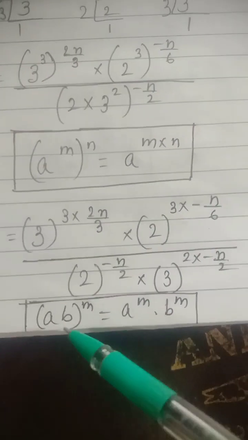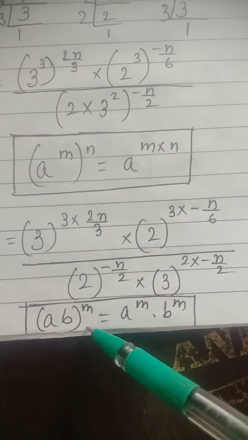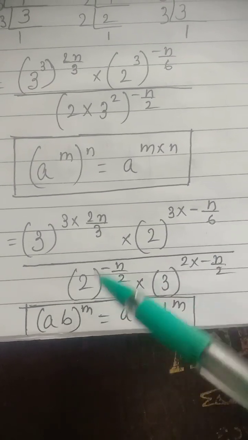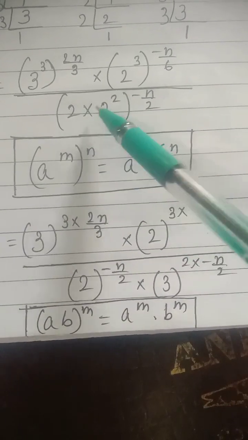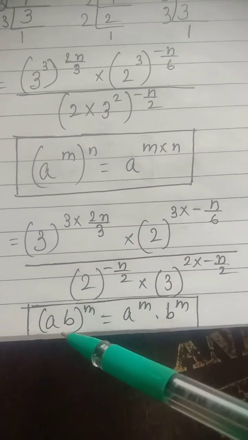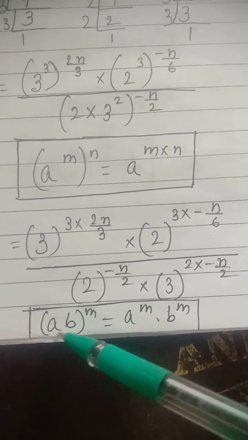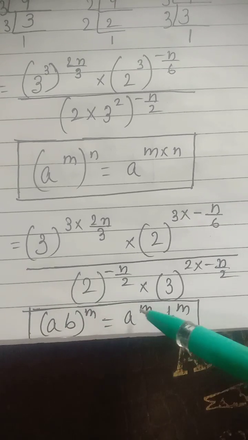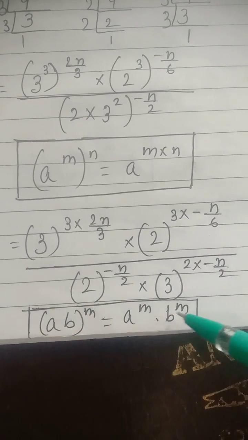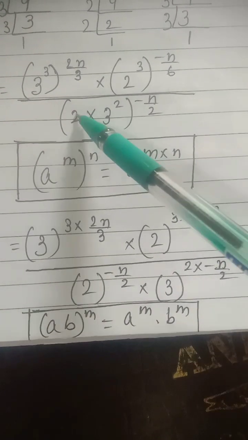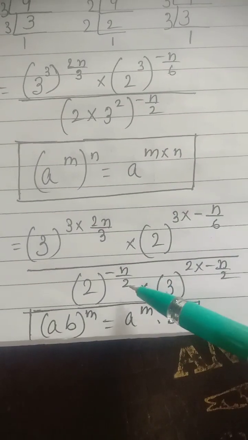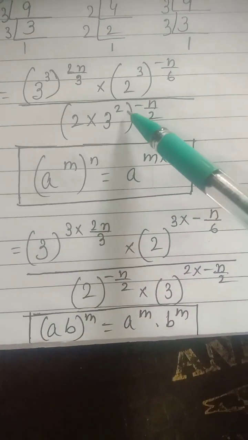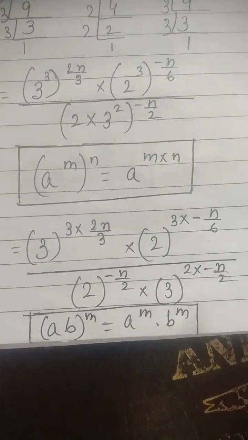Why? Because when the power is (ab) whole to the power m, that means two different numbers are here. So (ab) whole to the power m means a to the power m into b to the power m. That is why here 2 is also to the power -n/2 and 3 to the power 2 into -n/2.